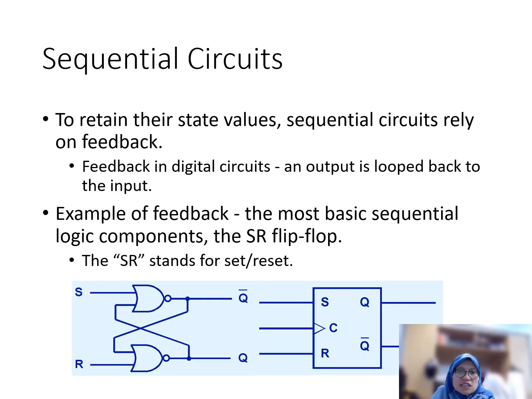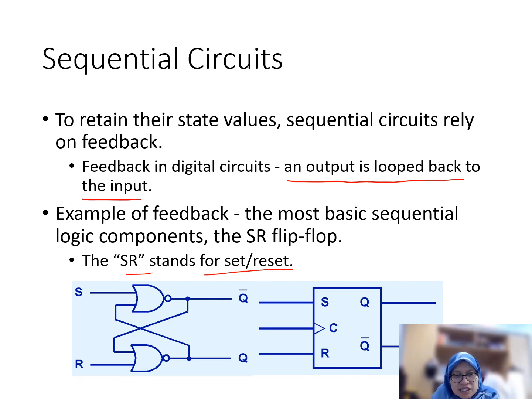Okay, so to retain the state values, sequential circuits rely on feedback, where an output is looped back to the input. An example of feedback is the most basic sequential logic component, the SR flip-flop, where SR stands for set or reset.